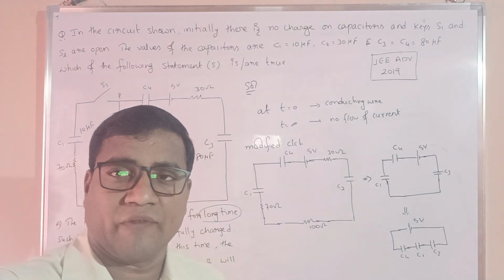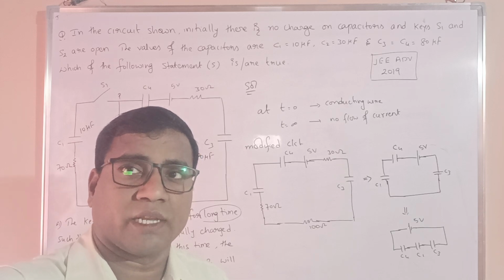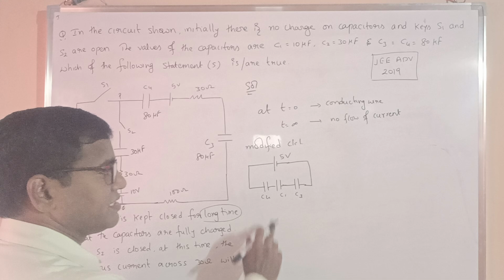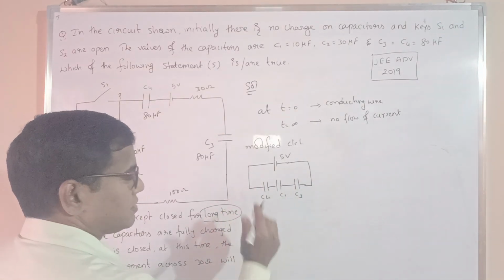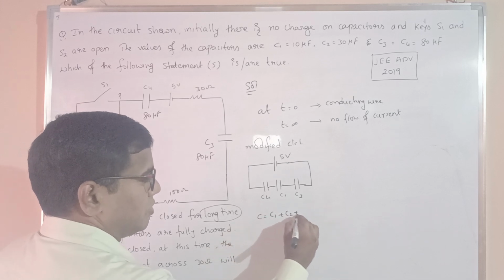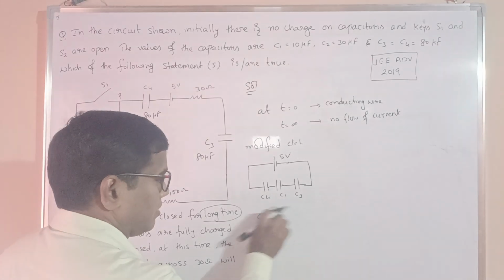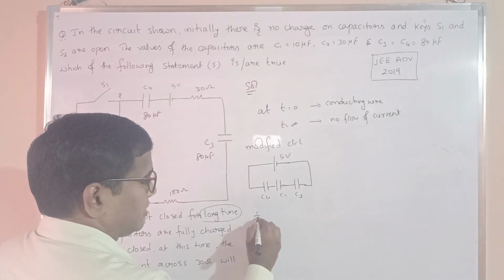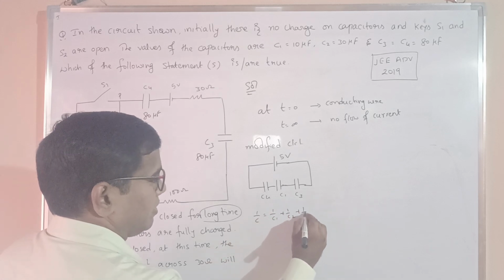So we will find the effective capacitance and how much charge is flowing through the circuit. This is the modified circuit and all these capacitors are connected in series. In series, we have 1 by C equals 1 by C1 plus 1 by C4 plus 1 by C3.